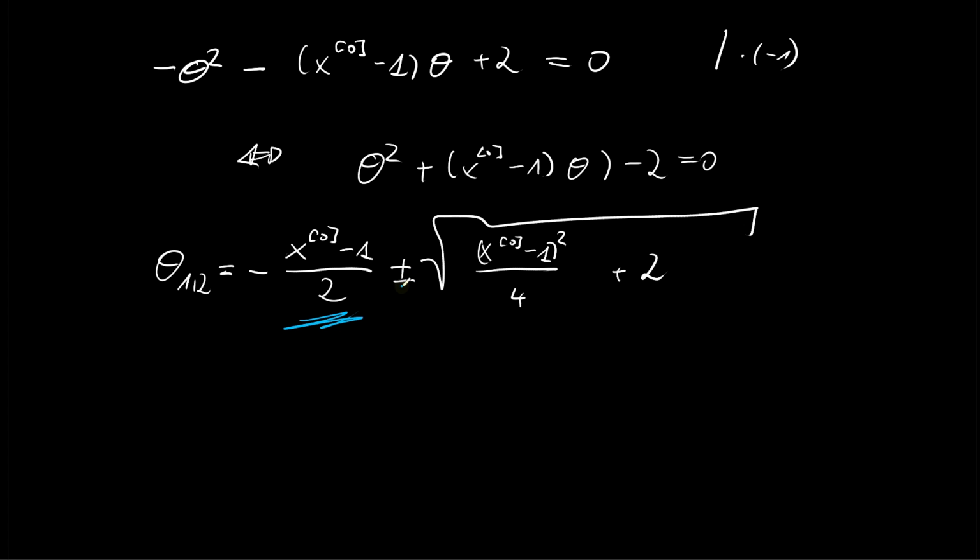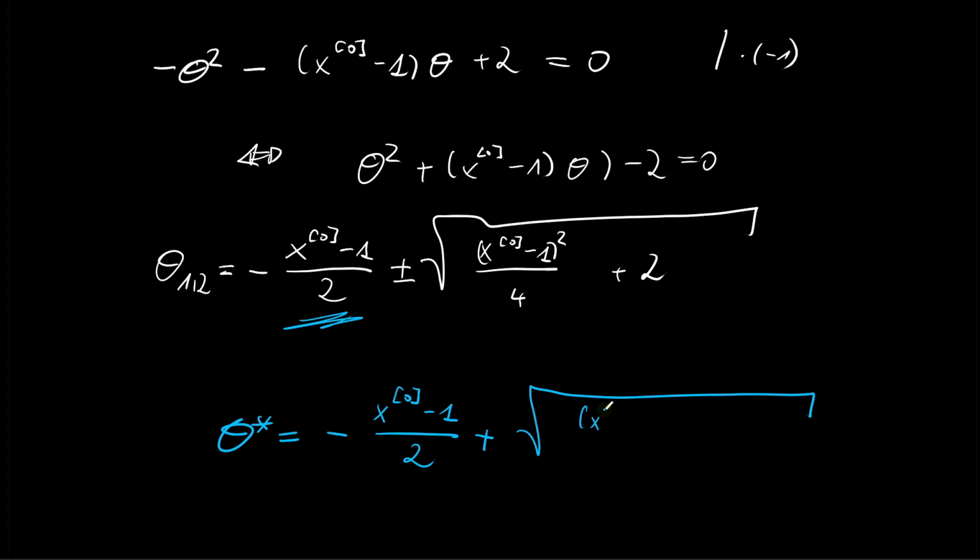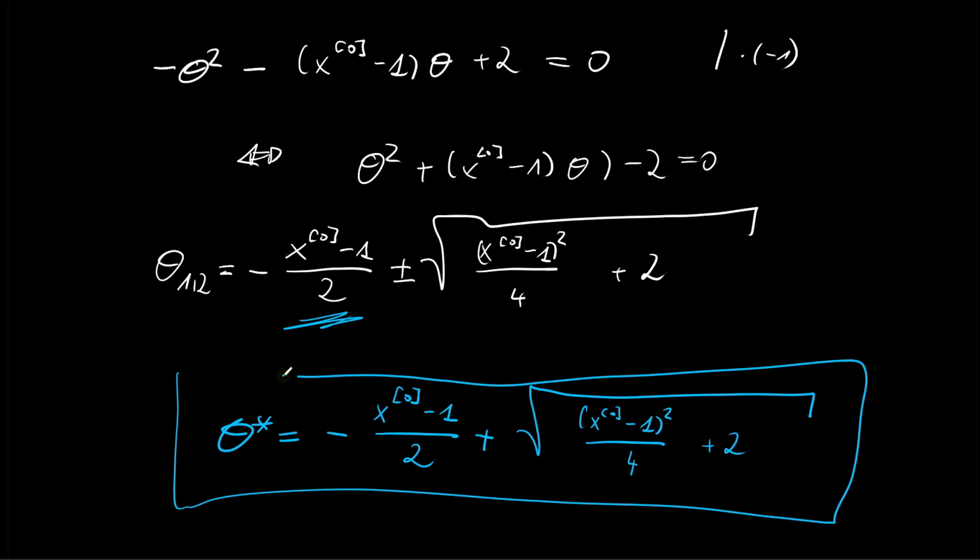So we prefer to have the positive sign, at least for the simple cases we're looking at here. And then we get our theta optimum as minus (x0 minus 1) divided by 2 plus the square root of ((x0 minus 1) squared divided by 4) plus 2. And here we go, that is our closed form optimum.